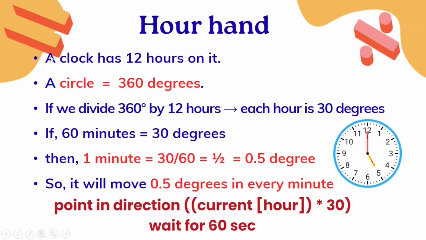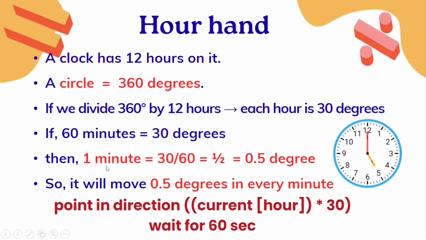We know that a clock has 12 hours on it, and we also know that a circle is equal to 360 degrees. And if we divide 360 degrees by 12 hours, each hour is 30 degrees. And if 60 minutes is equal to 30 degrees, then 1 minute is equal to 30 divided by 60, which is 1 by 2, which is 0.5 degrees.